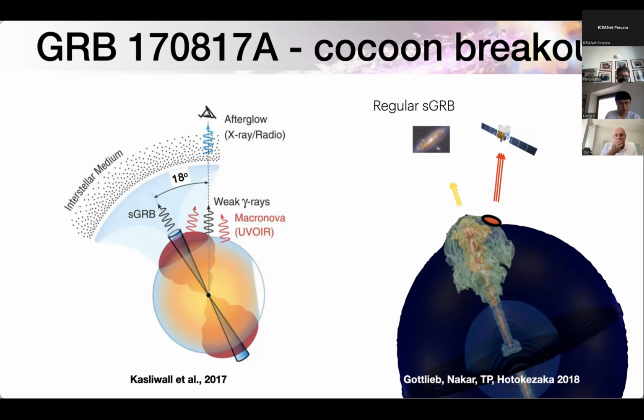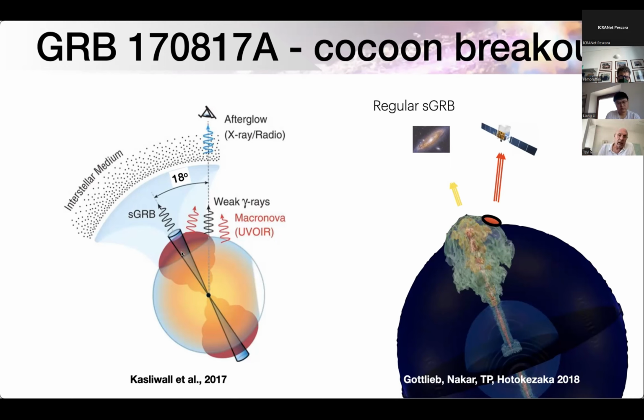This was the cocoon that formed, and we saw the cocoon breakout. This is much more complicated because, as Zudi mentioned in one of the replies, a cocoon breakout from a moving matter is more complicated than cocoon breakout from a stationary atmosphere, but there is some relationship.